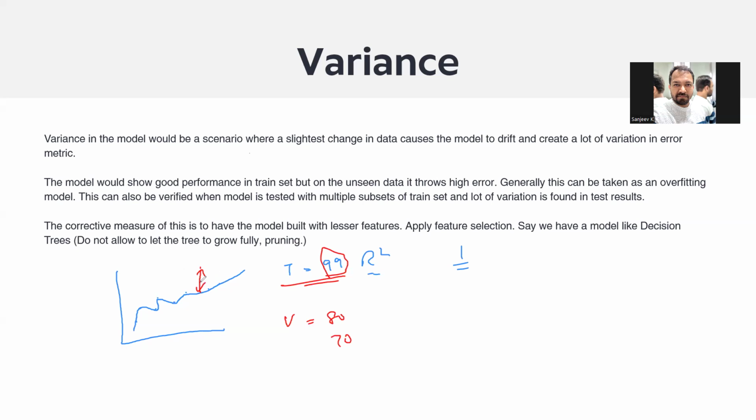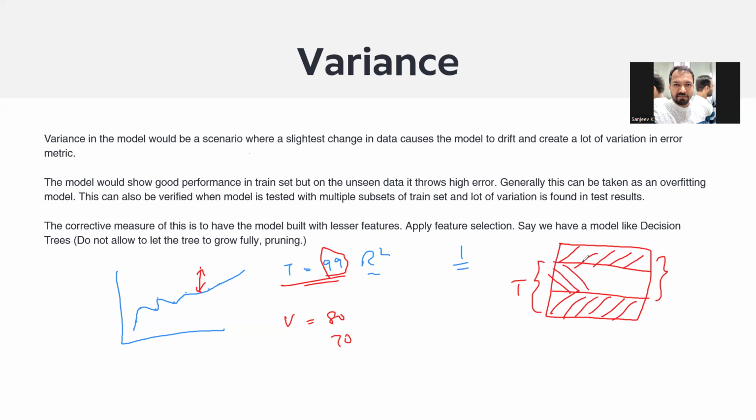Now, when I say a slightest change in dataset, what I mean is, if I have training data and I'm doing a k-fold cross validation, I divide my dataset into 3 parts. I keep one for my testing purpose and train with the other two. Then similarly, for the second round, I keep this as my testing set and this I will keep for my train. And similarly for the third, I keep this for my validation and the rest two as my train. For the 3 trials, trial 1, trial 2, and trial 3, I measure my error metric.